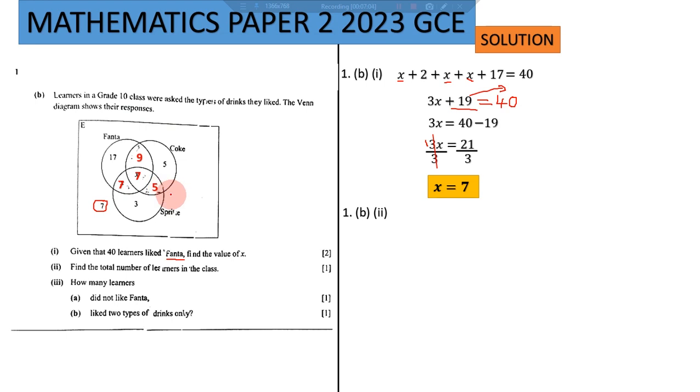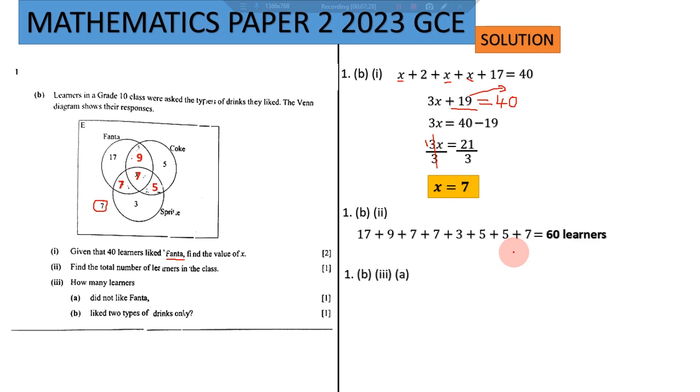So add everything here, including this number which is in here. We'll have 17 plus 9 plus 7 plus 7 plus 3 plus 5 plus 5 plus 7. When you add everything, the answer becomes 60 learners.